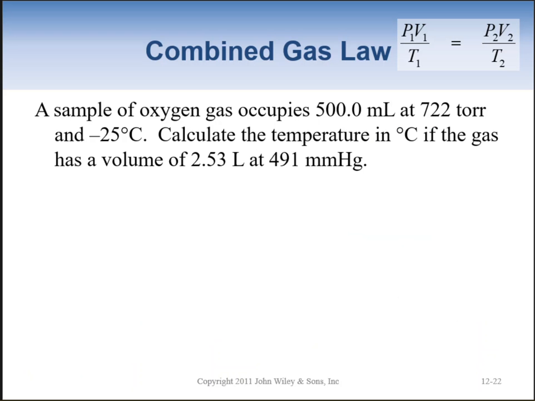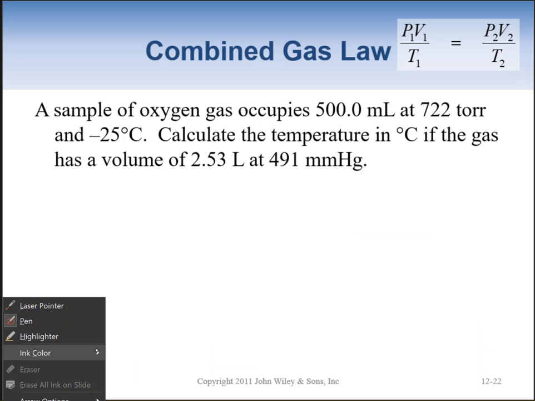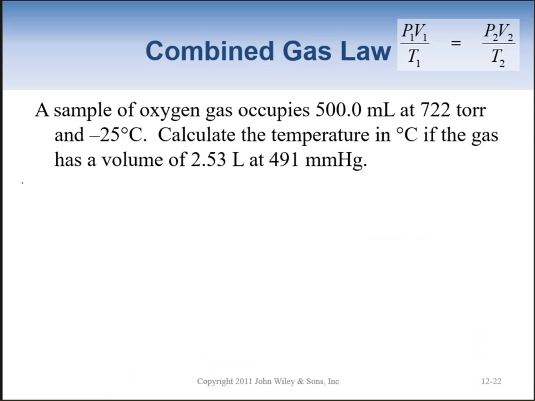A sample of oxygen gas occupies 500 milliliters. So V1 is 500 milliliters at 722 torr. So P1 is 722 torr and minus 25 degrees Celsius. So that's T1.